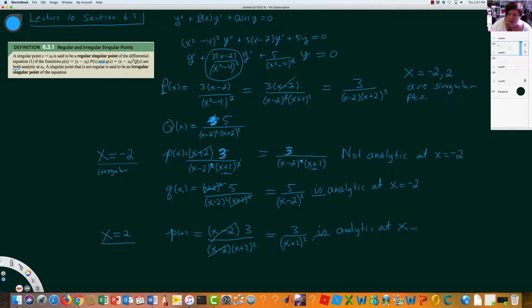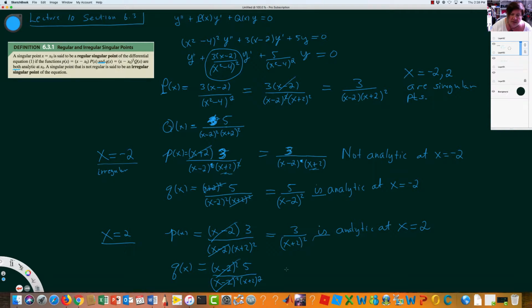at x equal 2. Now, what about q of x? Because if it fails, then this thing is an irregular singularity. So let's see. We have q of x, that's big Q, right? So we're going to multiply by x minus 2 squared. And then big Q, which is 5 over x minus 2 squared, x plus 2 squared.